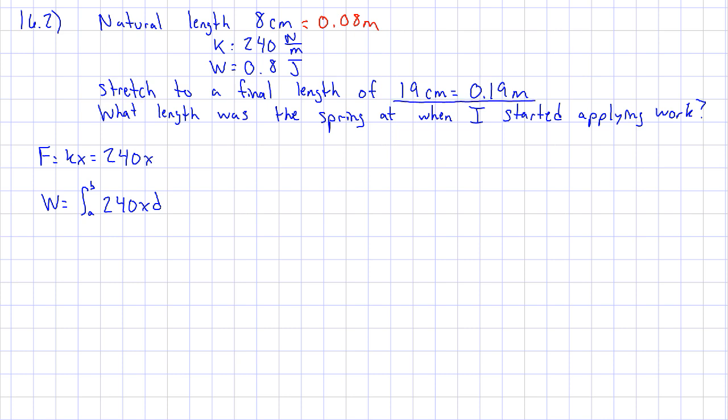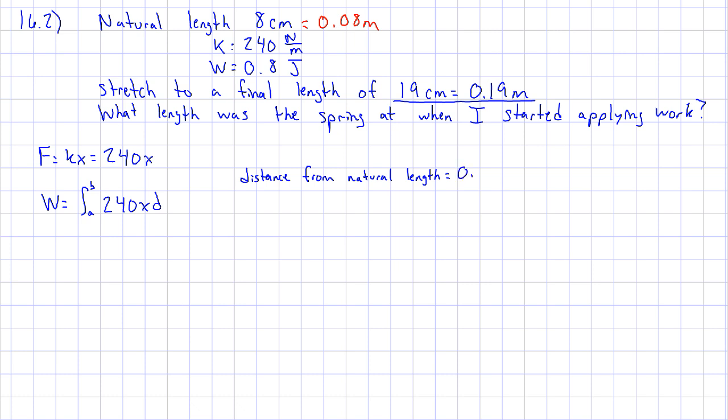I need to convert that into distance from natural length. I need to do that because that's how my x is defined. And if my variable is in distance from natural length, my numbers need to be in distance from natural length. Everything needs to be consistent.